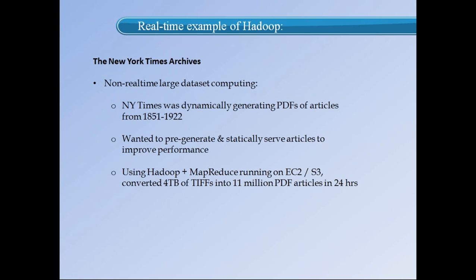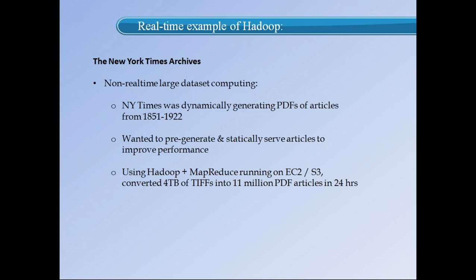Improving performance means they had the data from 1851 to 1922 in TIFF images. And you know, if you have data in image form, you can't search for something within a particular image. If we scan a newspaper, we can't search for an article in that image file.